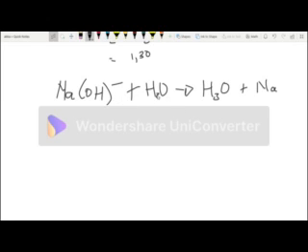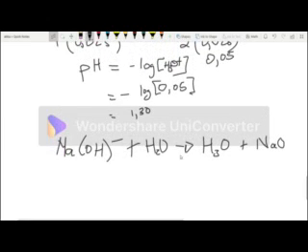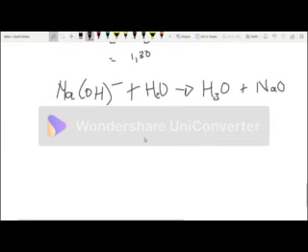This will come here. We're just going to have this sodium oxide, I think. So now we're going to have to try to balance this.